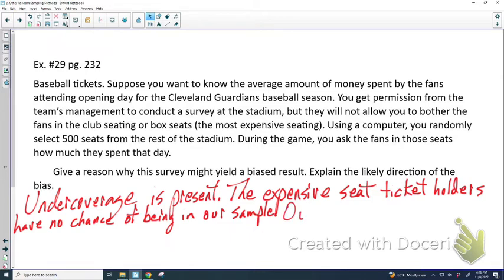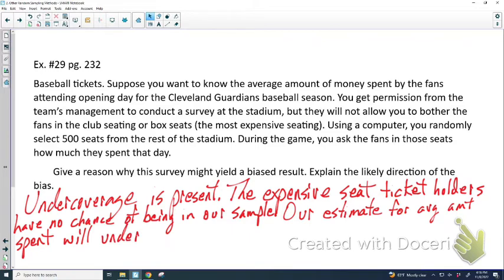Our estimate for average amount spent will underestimate the true value.